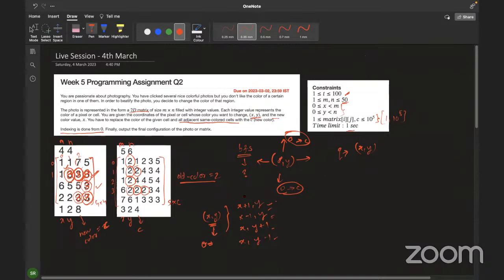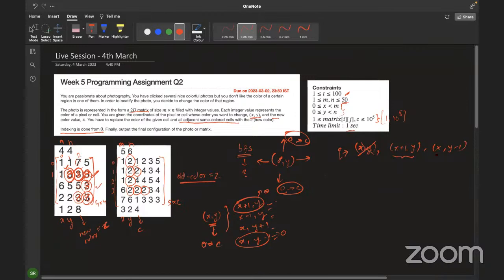For example, we found that the color of this cell was O, that is the old color, and the color of this cell was O. So these are the two cells that we need to look at. So in our queue, we should remove this X comma Y, because we have already looked at it, we have already visited it, change this color to C, and then push X plus 1 comma Y and X comma Y minus 1.